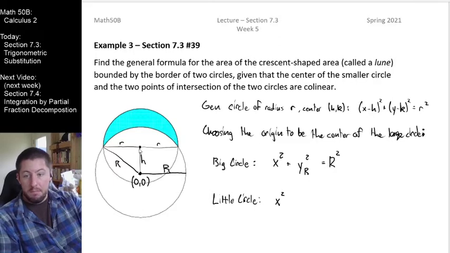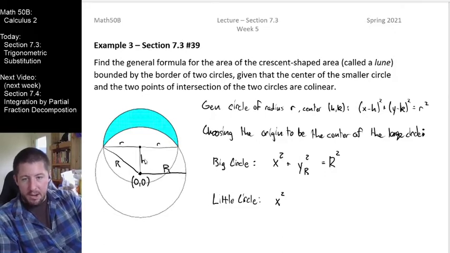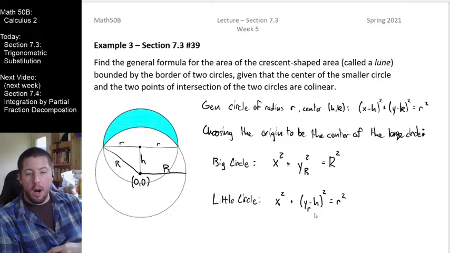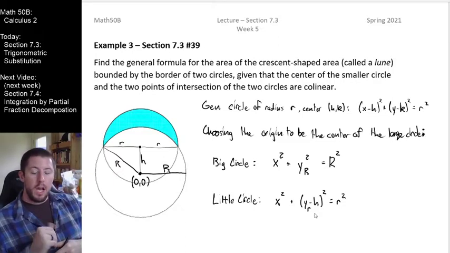It's now at a height of h right there, which is actually kind of dumb because h is usually what we associate with x, but I was thinking height, so I called it h. Whatever, the point is right here, we're going to get plus y minus h squared, and that should be equal to r squared, our little radius. And I should be good with this guy right there, y sub r, so that I'm distinguishing between the equation of the big circle and the equation of the little circle, y sub little r, y sub big R right there. All right, so I've got my two equations of my circles.